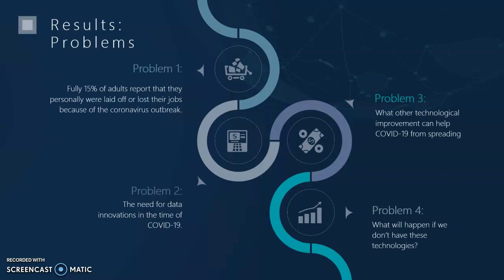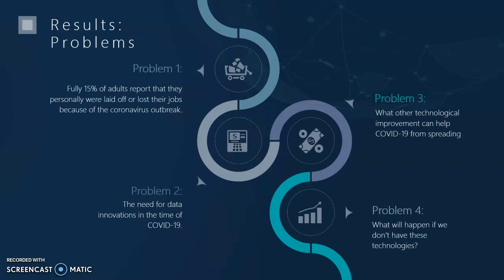And the second problem is that in the process of COVID-19, we are actually lacking data and data analysis from data innovations like AIs or supercomputers. The third problem is: is there any way we can combine technologies and make the speed of recovery faster or better?